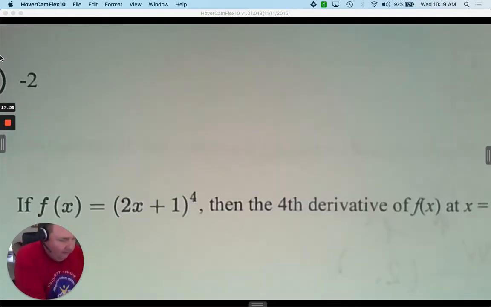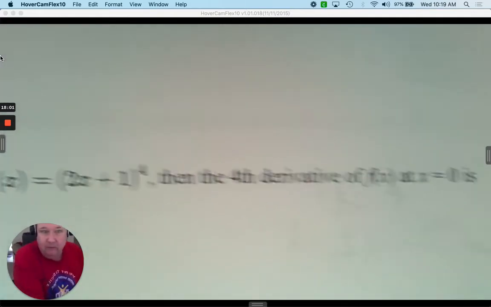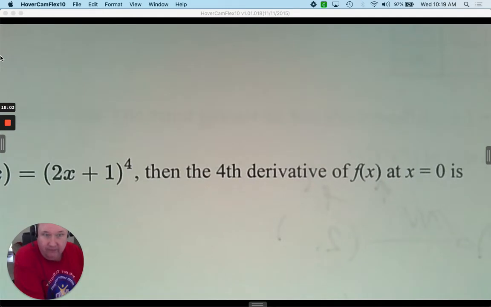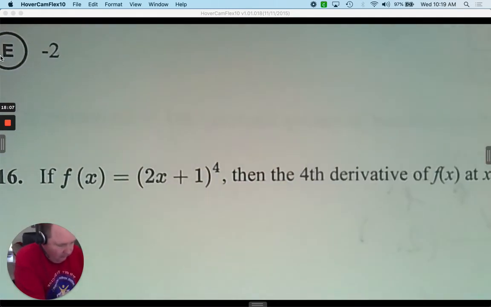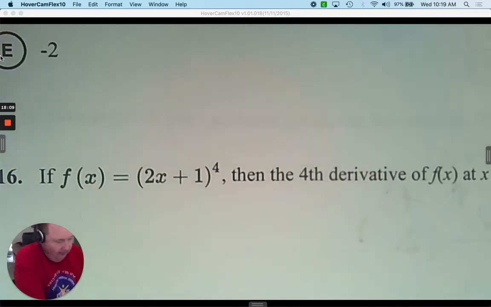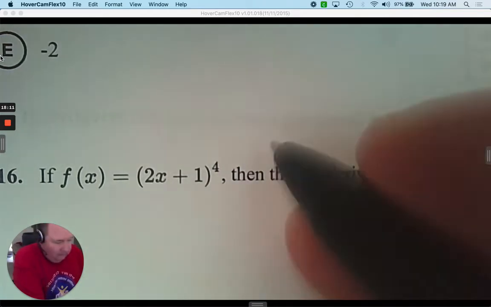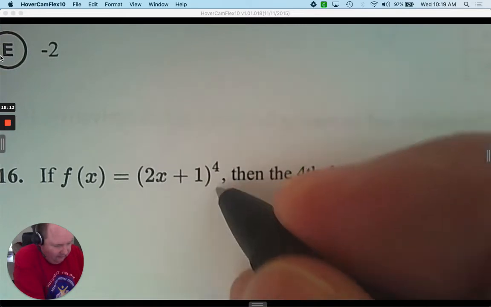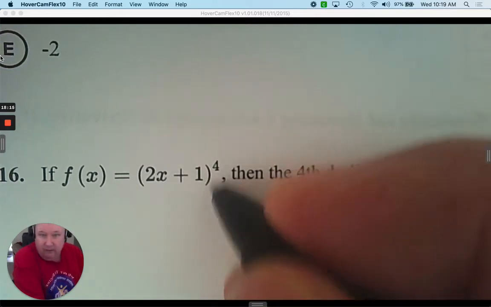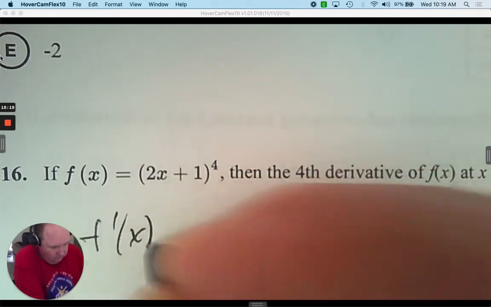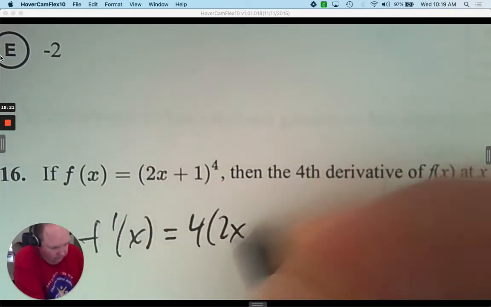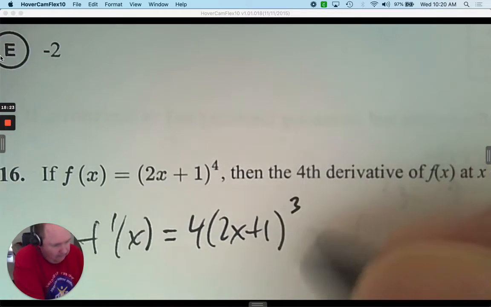16. f at x equals that. Then the fourth derivative of f at x equals 0. Wow. So the first, fourth, and so on. So I think the answer is going to be 0. But if you continue down, that the exponent here, there might be a pattern.